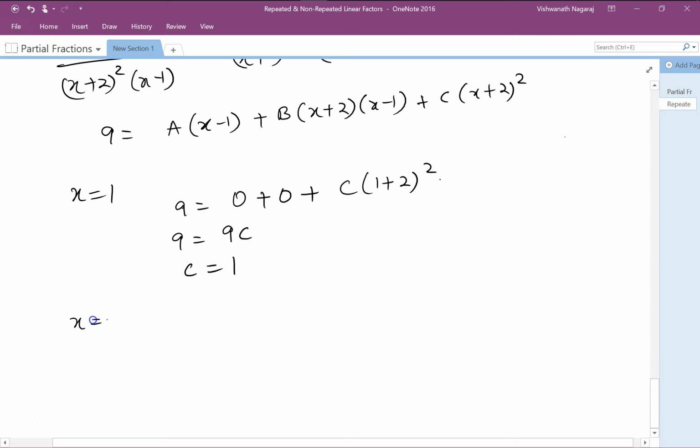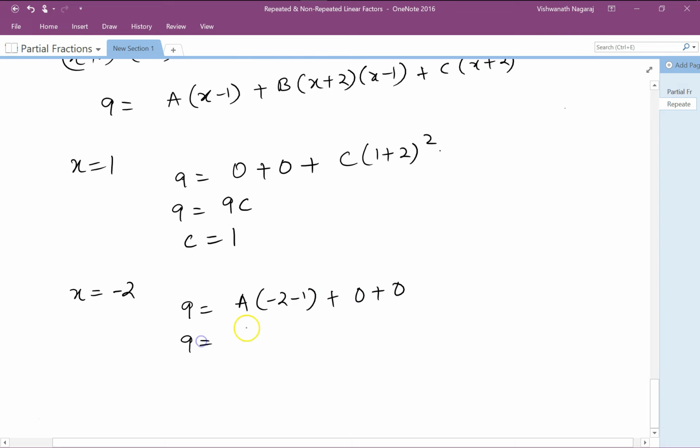Now let's make x equal to minus 2. So 9 is equal to a times minus 2 minus 1, plus this becomes 0 and this becomes 0. So 9 is equal to minus 3a. So a is equal to 9 by minus 3, which is minus 3.